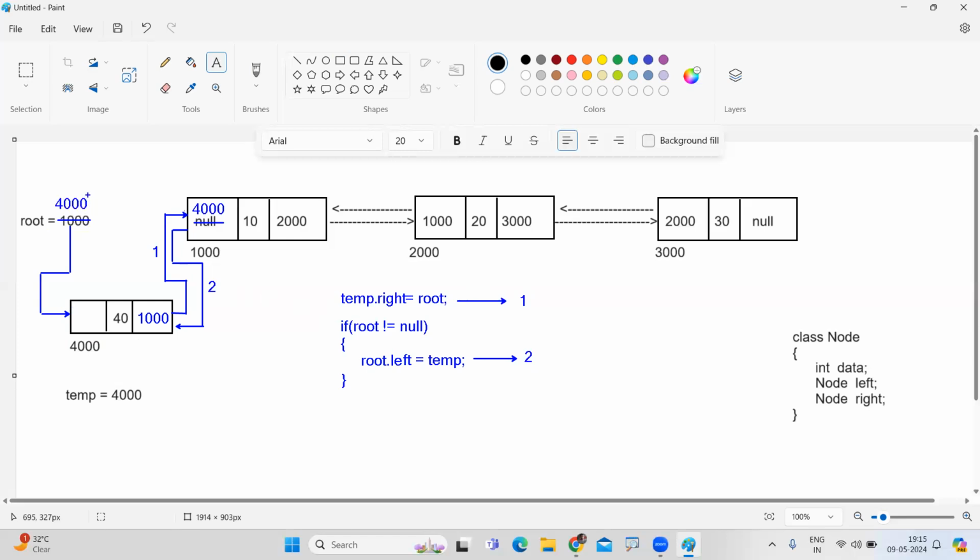Into the root, temp will be stored. This is the third one. Take the screenshot. I'll explain add after, everybody.